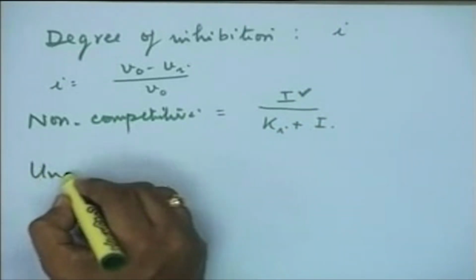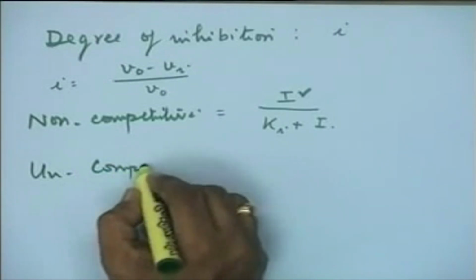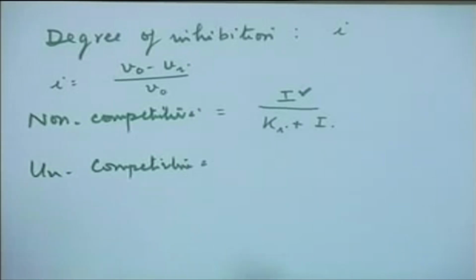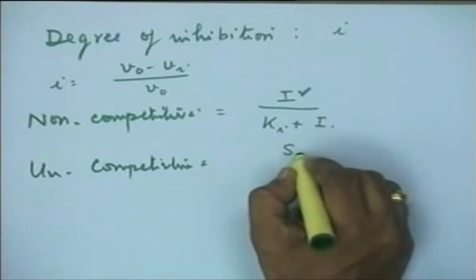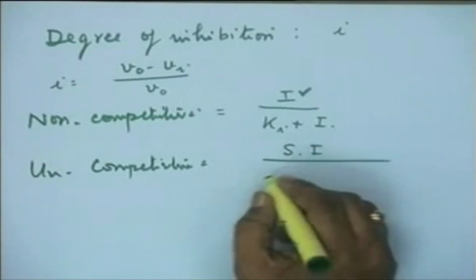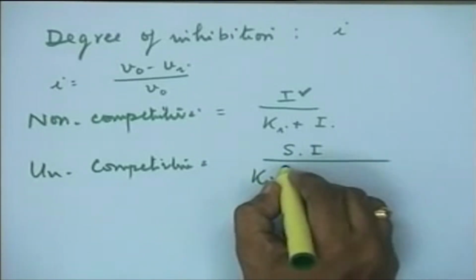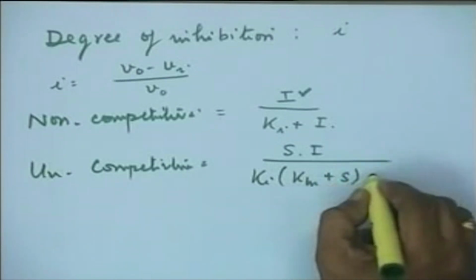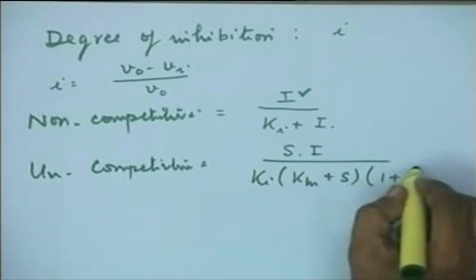In the case of uncompetitive inhibition, the degree of inhibition is S into I upon Ki into Km plus S, and 1 plus I over Ki.